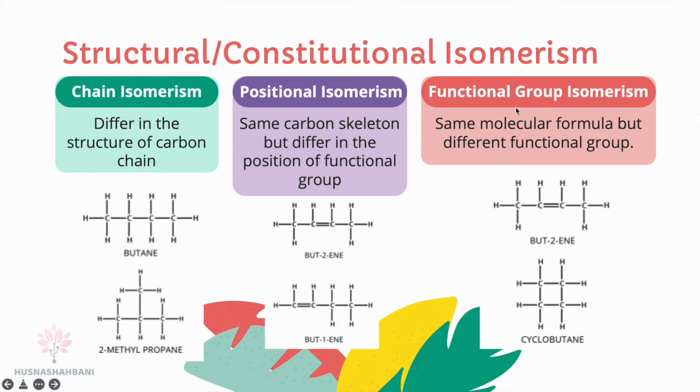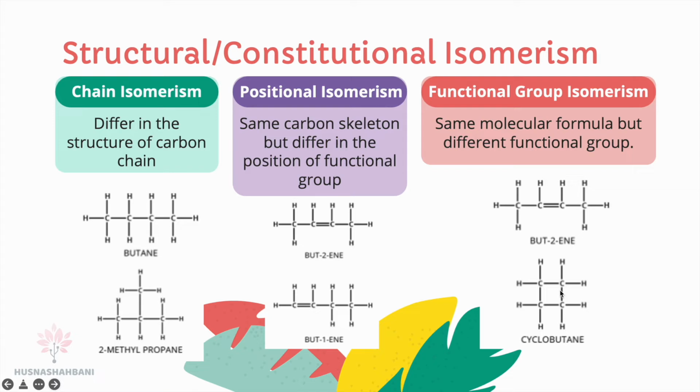Next one is functional group isomerism. They have the same molecular formula but different functional groups. Here, the functional group is the carbon-carbon double bond: alkene, class of compound alkene, 2-butene. And this one is cyclobutane, class of compound alkane, no functional group.